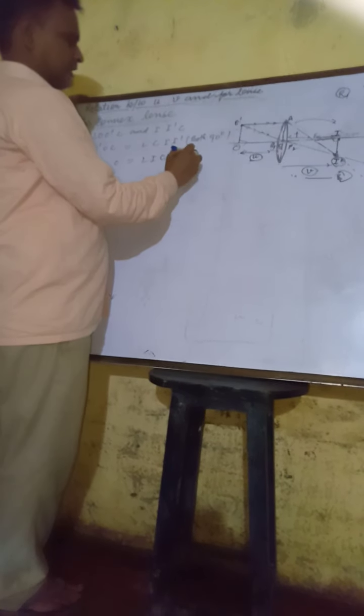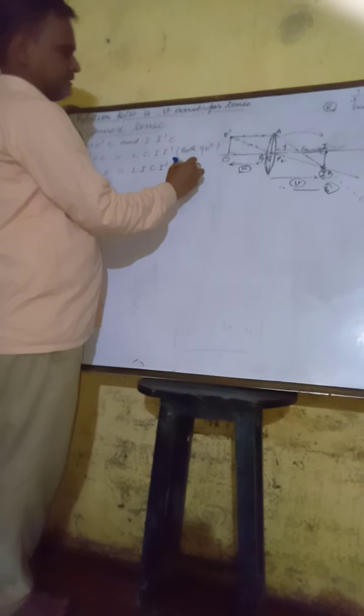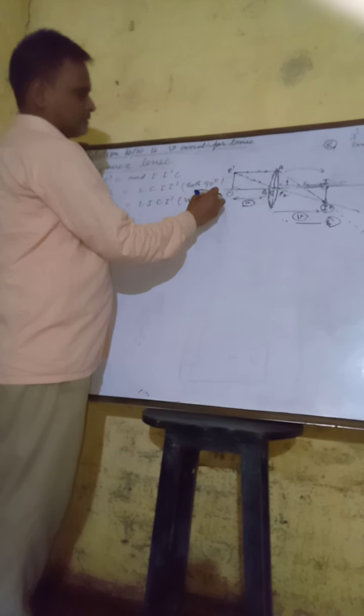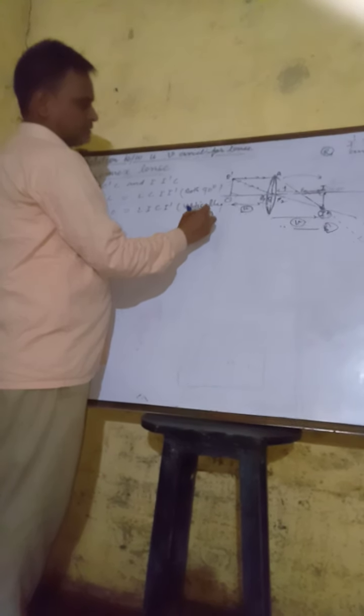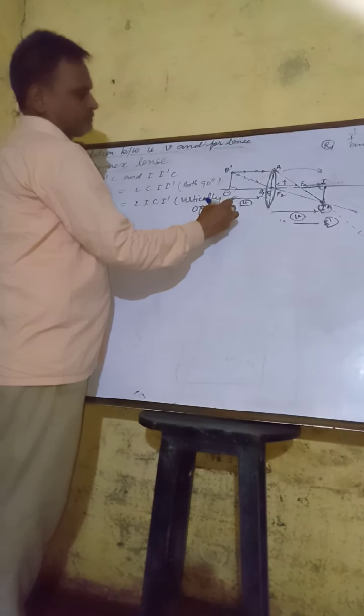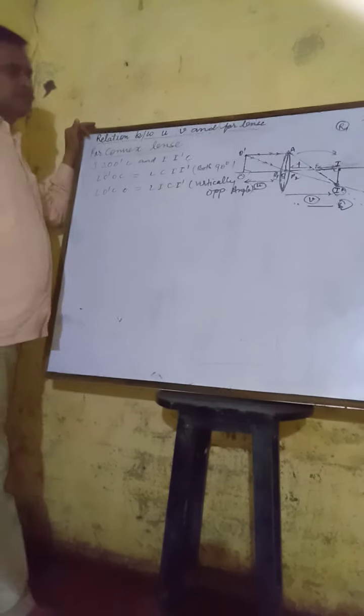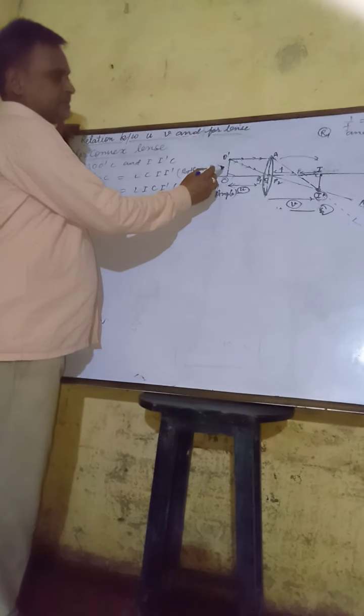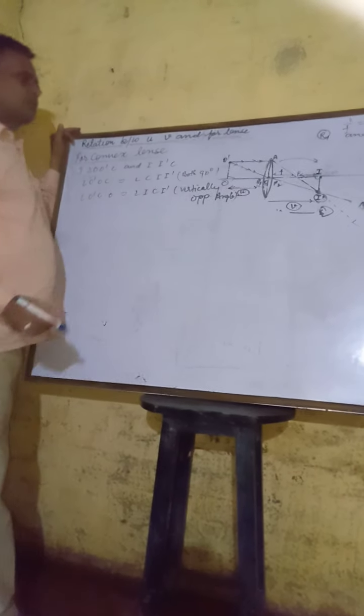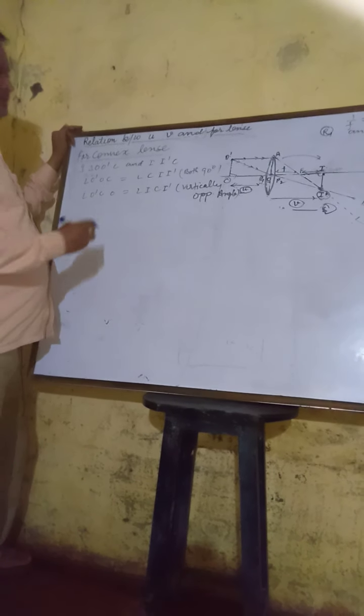Why? Because these are vertically opposite angles. In this way, we can say that these triangles are equiangular.